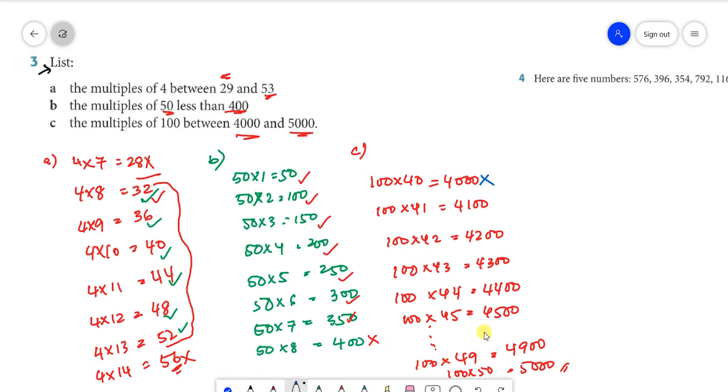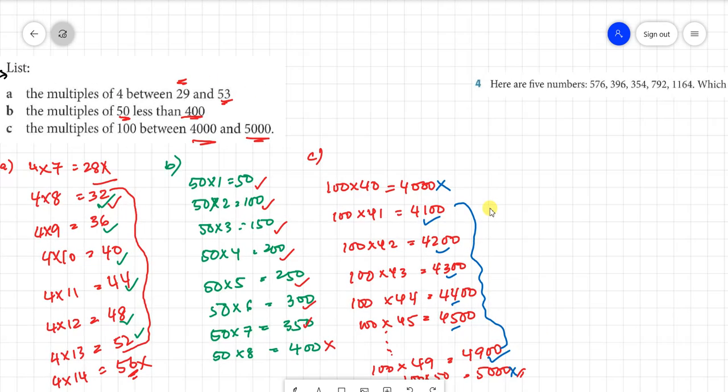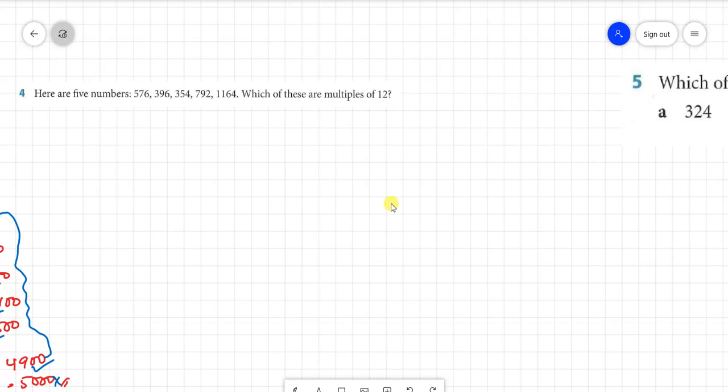So we eliminate this. Hence our answers are 4,100, 200, 300, 400, 500, and till 4,900. So that's the end of question 3. We will now move to question 4.